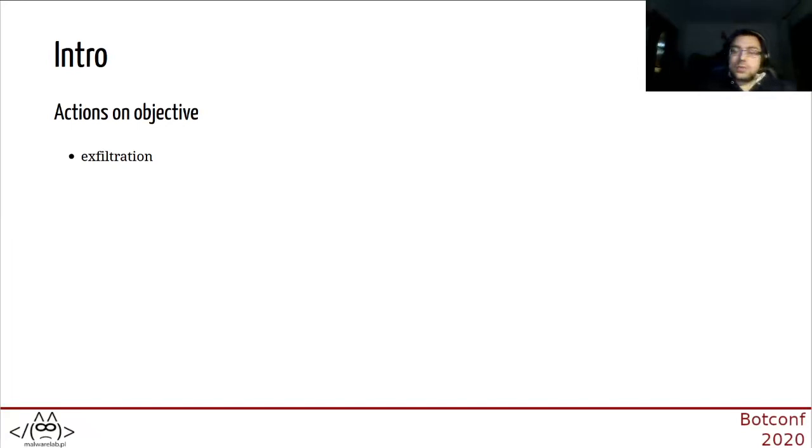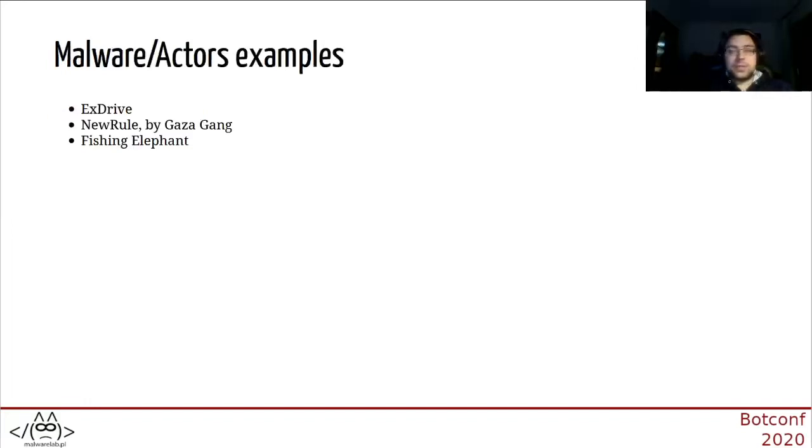One of the obvious steps is just to upload data to some cloud and hide the actual exfiltration of data, because there will be just a request to a normal service. This concept I'll try to illustrate with a couple of actors, a couple of malwares, and one threat actor.